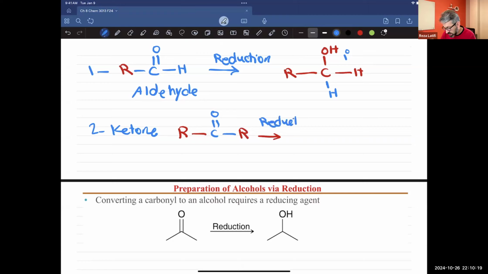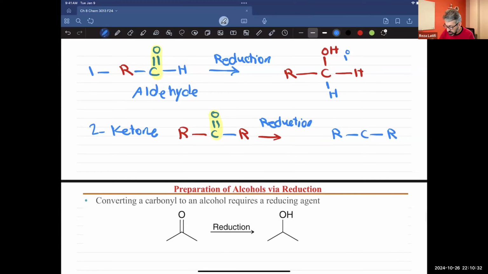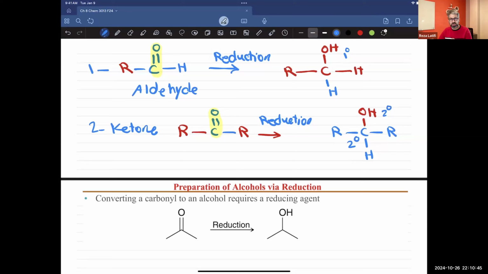So if we reduce the carbonyl group, I'm talking about this functional group, in this case, we get R attached to carbon, attached to another R. Now we will have OH here, and here we have hydrogen. That's going to give us a secondary alcohol, because our carbon is a secondary carbon. So OH, and then like the alcohol, it will be a secondary alcohol.